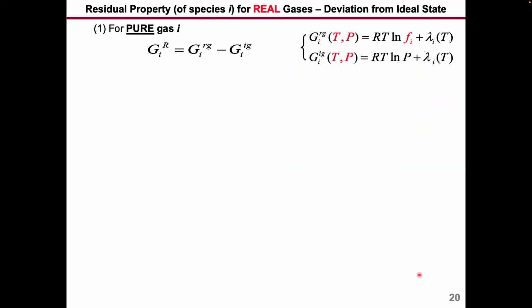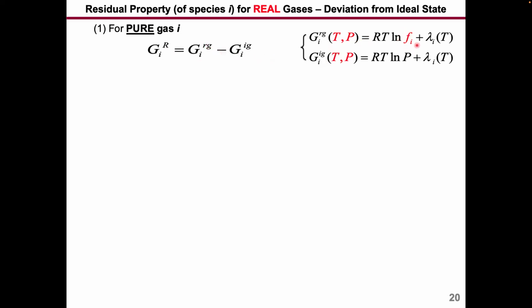All right, so now we want to calculate this residual property because for real gas, we know it's deviating from the ideal gas state, right? We actually want to quantify this deviation, right? So for pure gas i, G_i^R, the residual property of your gas, is just equal to G_i real gas minus ideal gas.